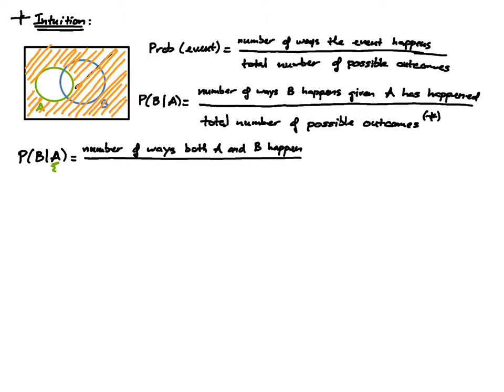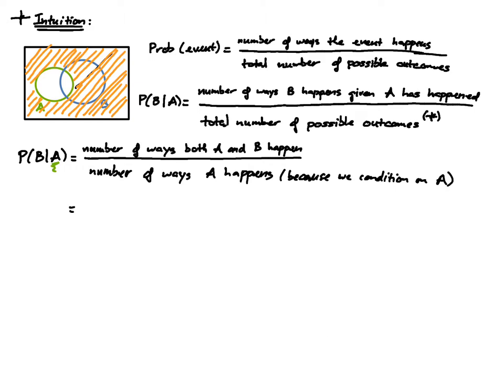And so in this situation, the total number of possible outcomes is just the number of ways A happens. And this is because we condition on A. So the numerator is the number of ways both A and B happen.